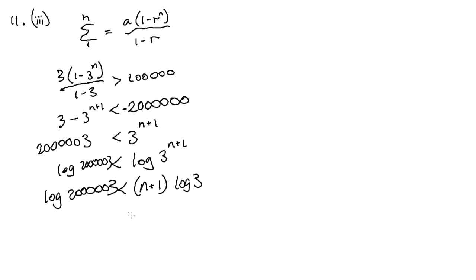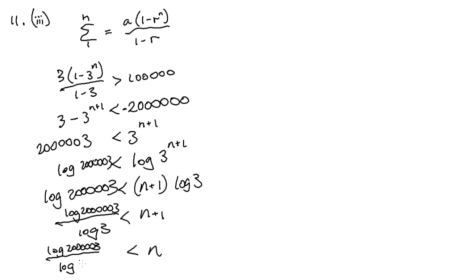Divide both sides by log 3, and log 3, if you check, is a positive number, so you do not need to flip the sign. So n plus 1 is log of 2,000,003 divided by log of 3, and therefore n is larger than log of 2,000,003 divided by log of 3 subtracted by 1. This is the expression given by the paper.